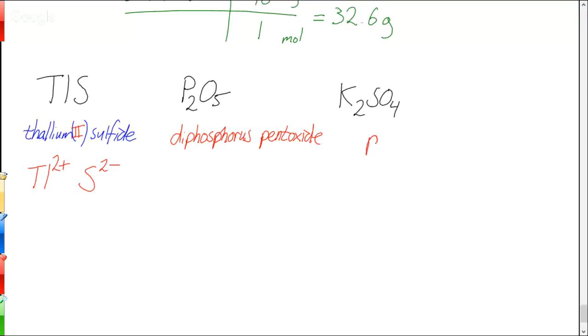Do we use parentheses here? No, why not? Yeah, it's a metal that always has the same charge. Potassium and everything else in its group is always +1, so there's no need to say what the charge is on potassium.